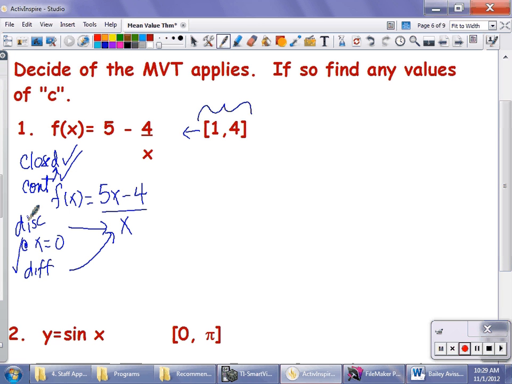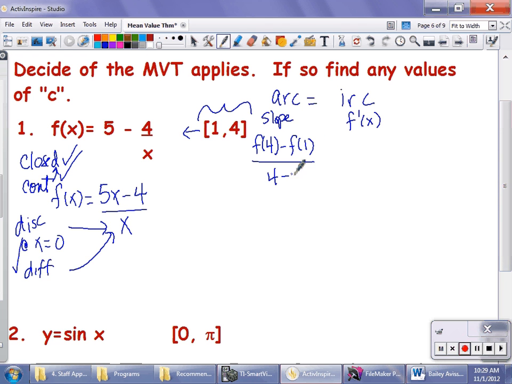Now, applying the theorem, remember, this is what you want to keep in mind. We're trying to figure out when is the average rate of change equal to the instant rate of change. The average rate of change is good old-fashioned Algebra 1 slope, and the instant rate of change is the derivative of the function. So the average rate of change would be f of 4 minus f of 1 over 4 minus 1.